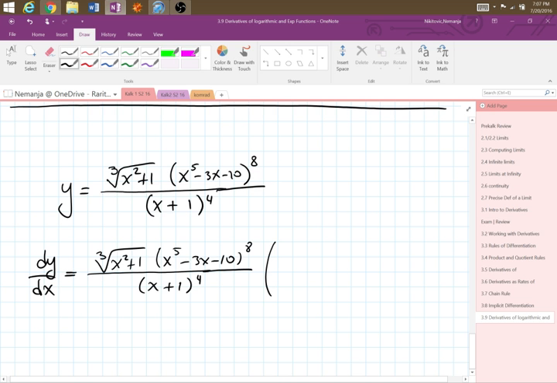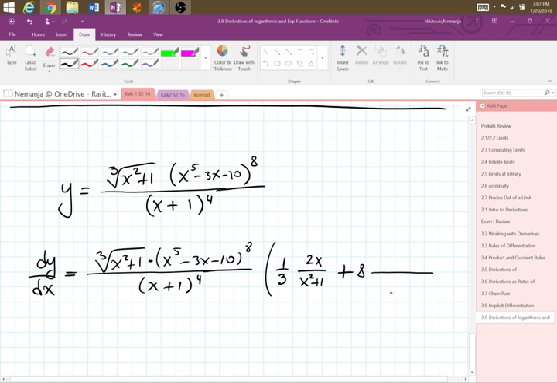The first thing we do is we notice that the exponent is 1/3. That would go in front of the ln. And then ln will take the function as is on the bottom and its derivative on top. The next term is times, so it's plus, it's in the numerator. The exponent is 8, so times 8.